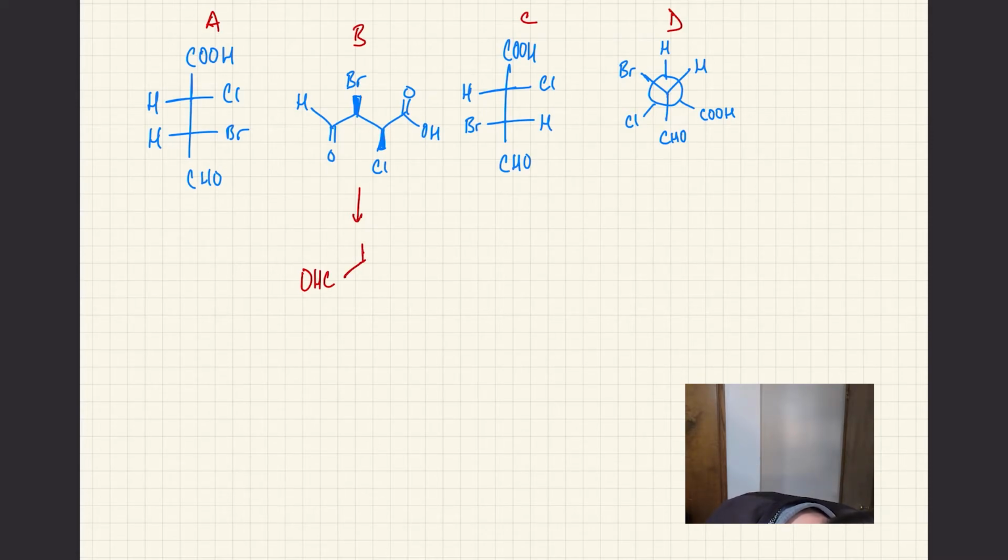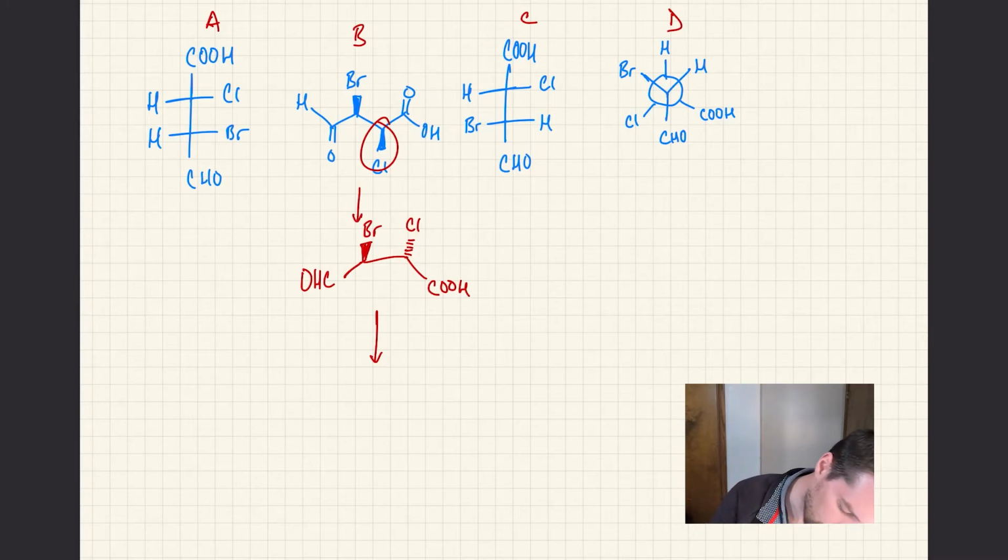Now I know this carbon isn't changing, but I do need to change this one. When I flip this, the chlorine is going to go to the back, and then there's my COOH. Now I need to flip this up and over. I'm going to rotate the carboxylic acid to the top because that's where these ones are, so I can compare them all equally.